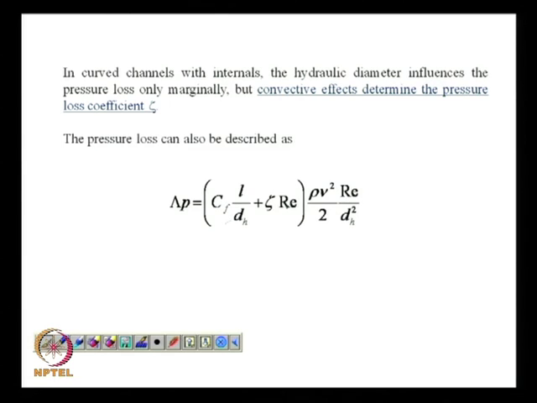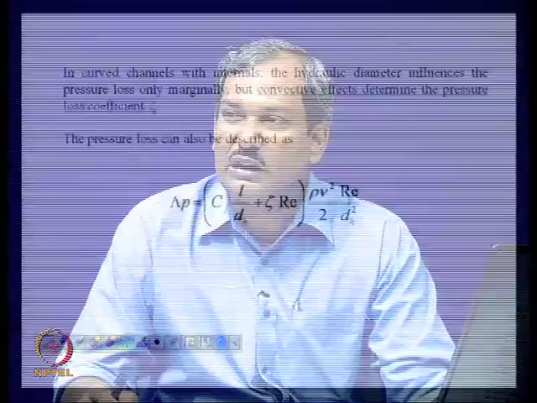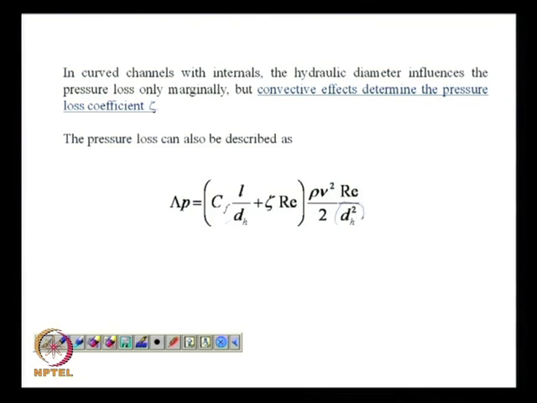So, for systems with curved internals or systems where you would expect very high Reynolds number with turbulence, a small change in Reynolds number can lead to a large change in pressure drop. Similarly, the presence of dH squared over here also tells us how sensitive delta P is to the size of the microchannel.